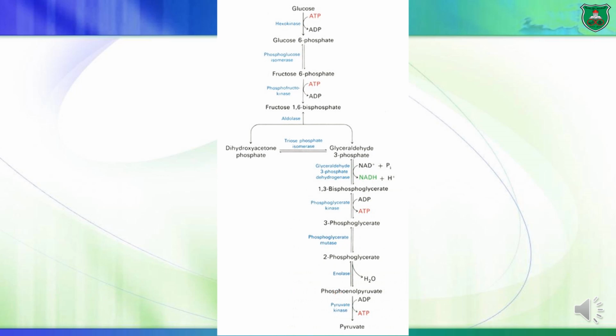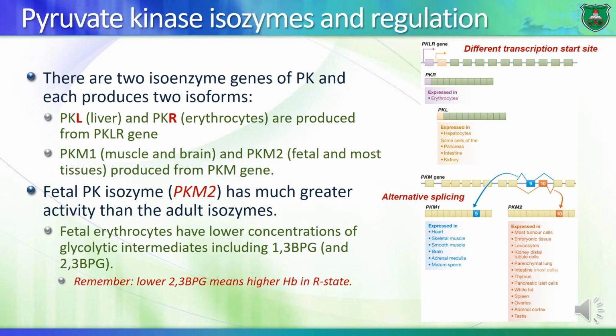So let's talk about pyruvate kinase now. There are two isoenzyme genes, so two genes that produce pyruvate kinase, and each one of them can produce two isoforms. The genes are known as the PKLR gene and the PKM gene.